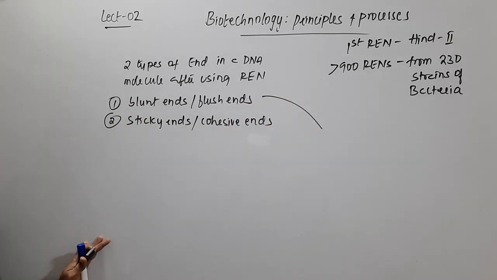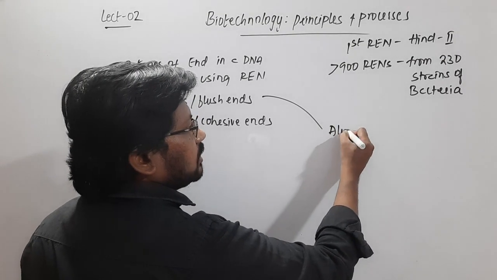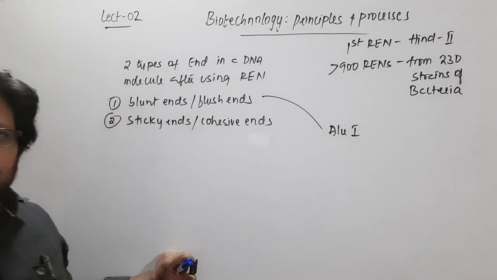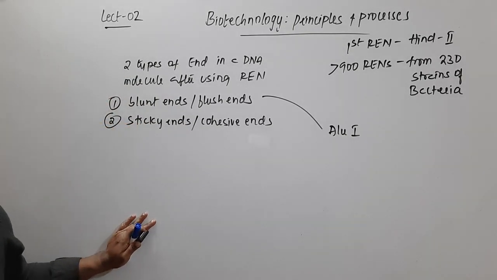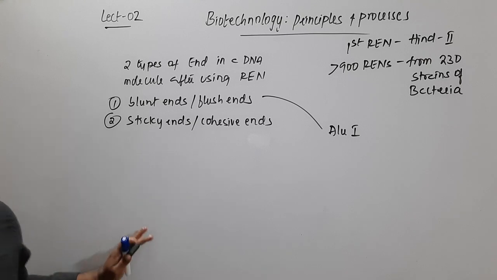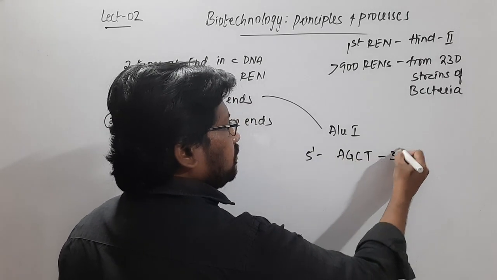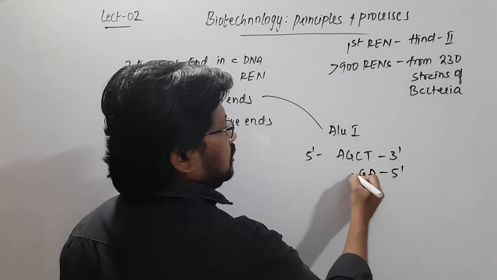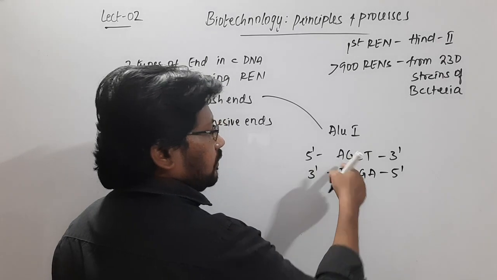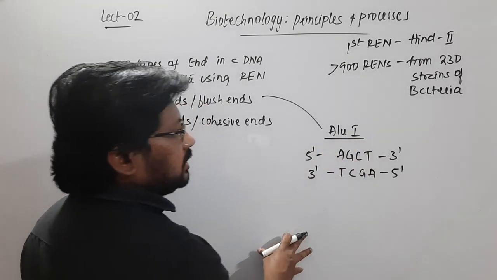Suppose a restriction endonuclease named AluI identifies a particular palindromic sequence, AGCT, and from the other end it is again AGCT. We need to see the complementary strand also. This is the AluI restriction endonuclease.